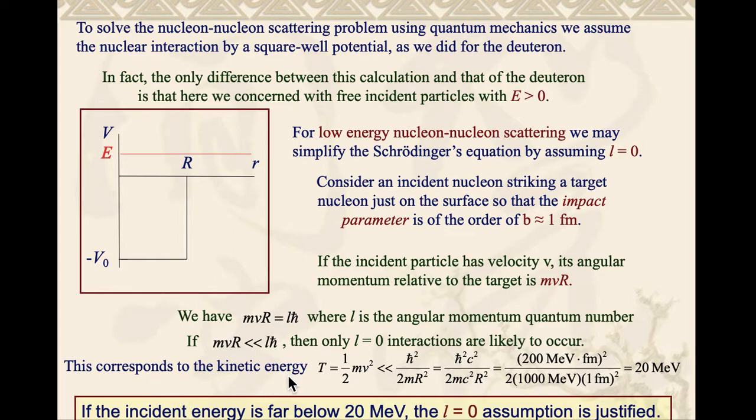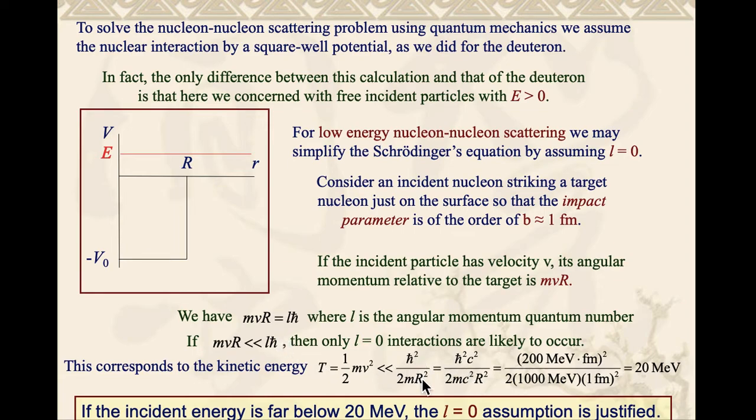So you can calculate the corresponding kinetic energy. Kinetic energy is half mv square. Here mv is L h cross by r, and with L neglected as 0, m square v square can be written as h cross square by r square.